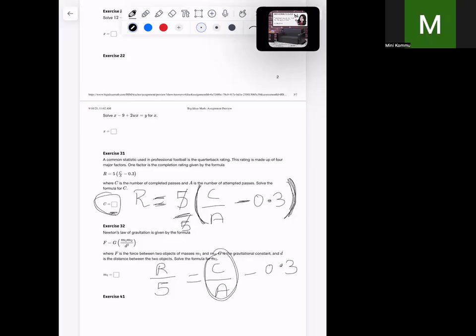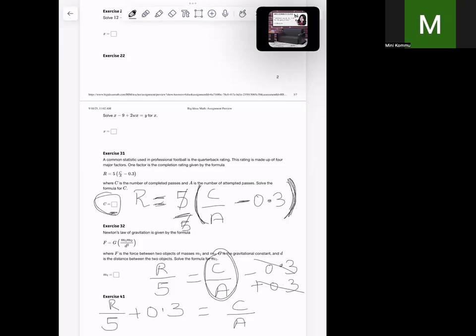So I'm going to get rid of 0.3. How am I going to do that? Plus 0.3 on this side, and whatever I do on the right side, I do on the left side, R over 5 plus 0.3. Following? I'm pretty sure you are, because you are awesome sauce. All right, so I'm going to cancel this. Now my new equation will be R over 5 plus 0.3 is equal to C over A.